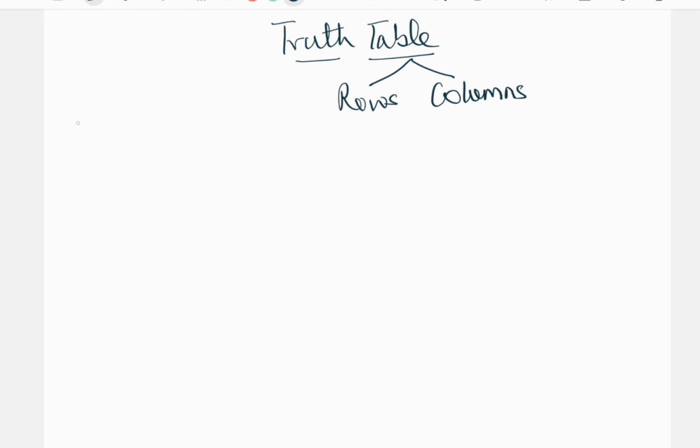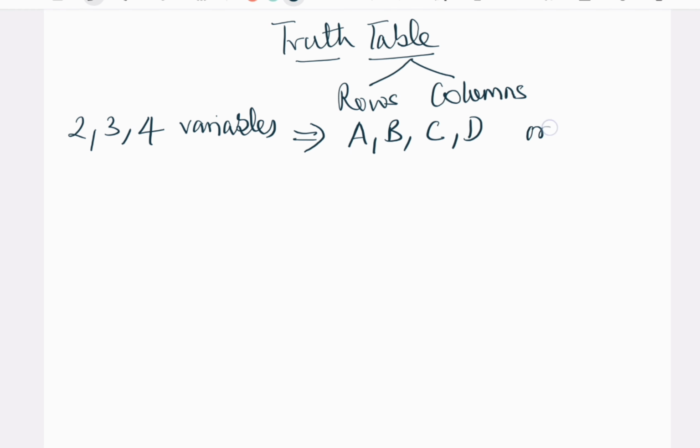We are going to deal with 2, 3, or a maximum of 4 variables. That's enough to understand the basic combination of the logic gates. These variables can be represented by A, B, C, D, or W, X, Y, and Z. One thing we need to remember here is they're all in uppercase.